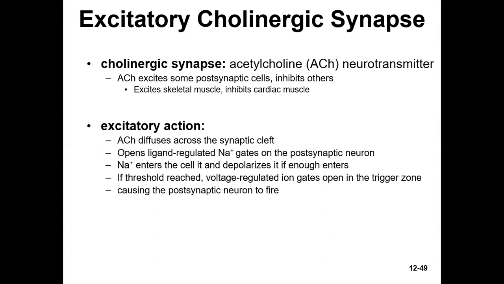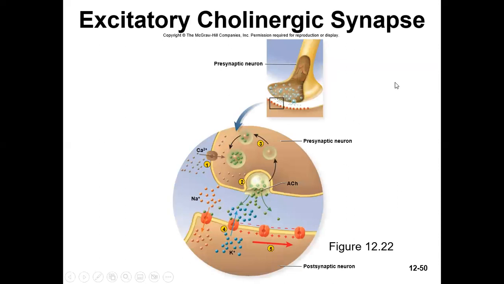If the threshold is reached, then voltage-regulated ion gates open in the trigger zone, giving that postsynaptic neuron the capability of firing. So here's an example in pictures of what we just walked through. Here's our presynaptic neuron, and we're talking about an excitatory cholinergic synapse, delivering the availability of an action potential to be transferred into that postsynaptic neuron.